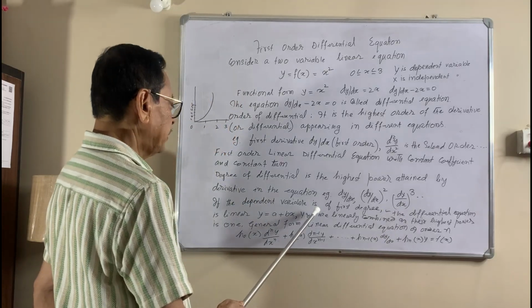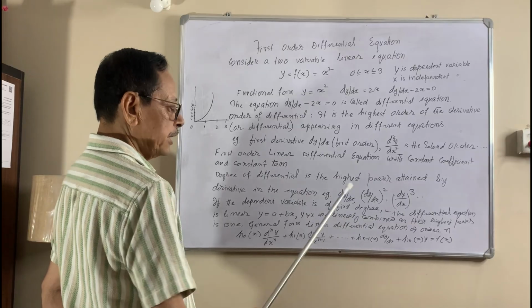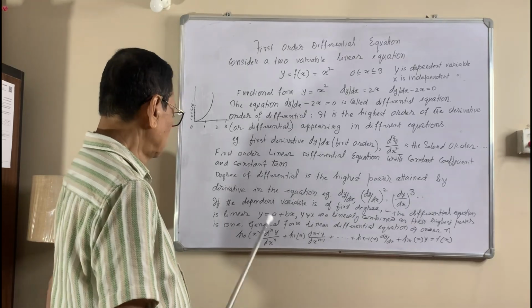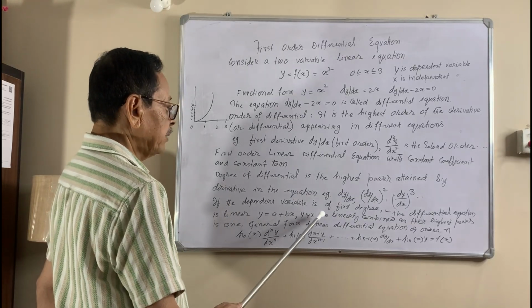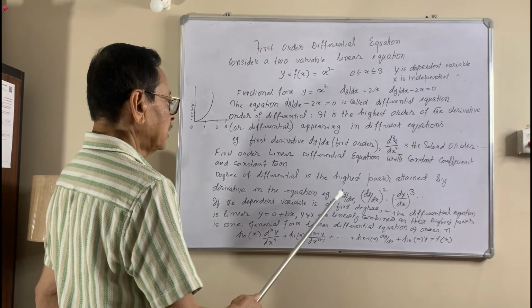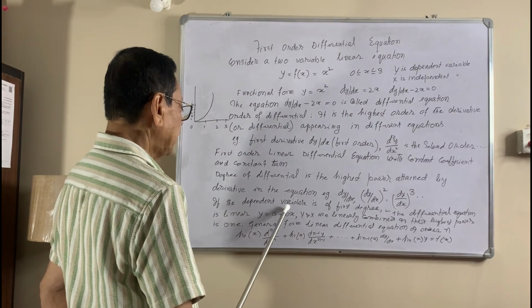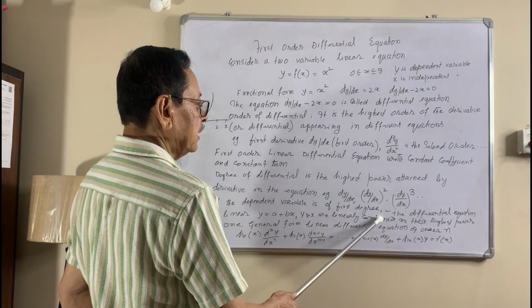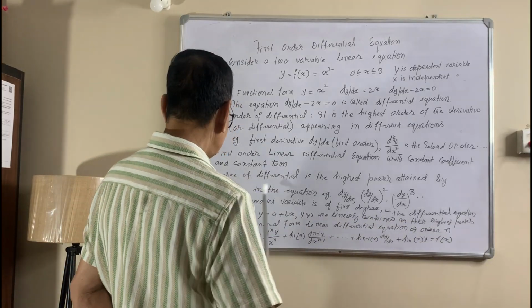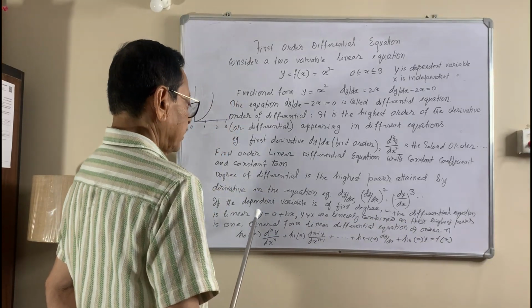If the dependent variable is of first degree, the differential equation is linear.